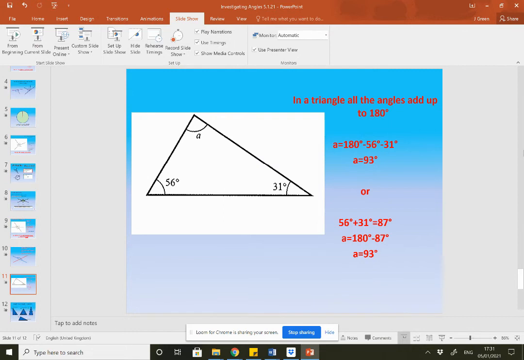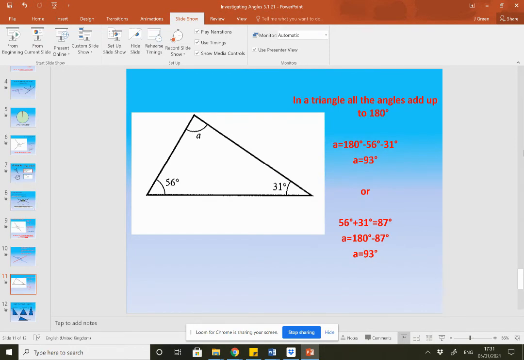So, if we go back to this, we can answer questions such as this. This is a scalene triangle because all the angles are a bit different. We know all the angles inside a triangle add up to 180. We've got two of them, 56 and 31, which if we add together, we get 87. So now, what do you think we have to do, children?